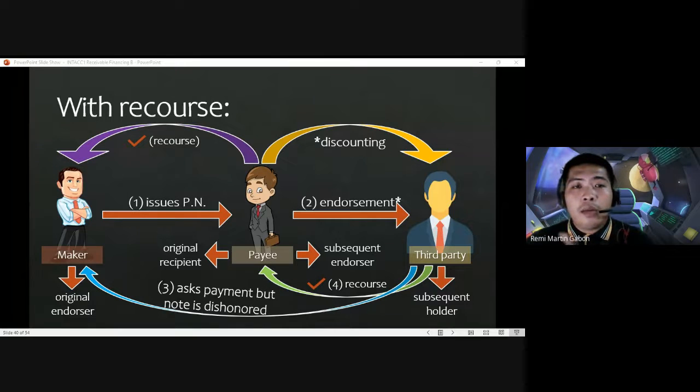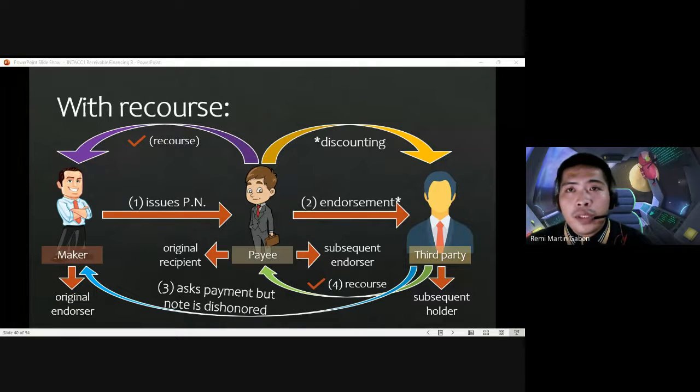Again, the third party will go to the maker because in the first place, what is in the promissory note is the name of the maker. The maker is the signatory on that promissory note. Now, the third party will ask for payment. Then the maker may dishonor that promissory note upon maturity.